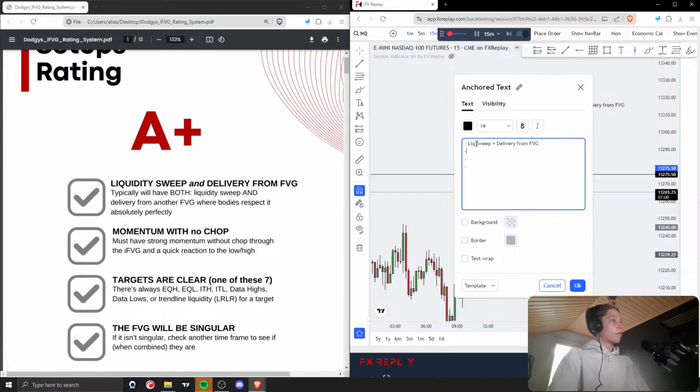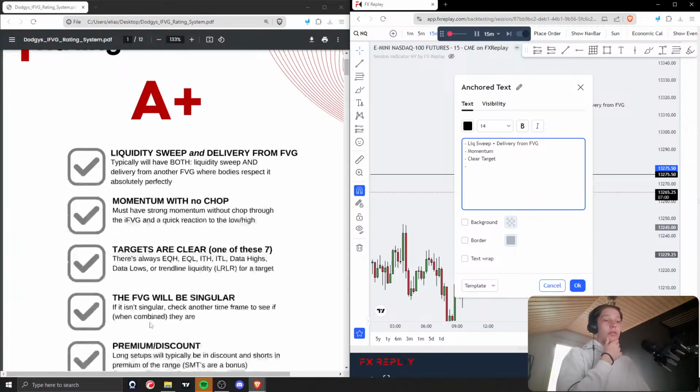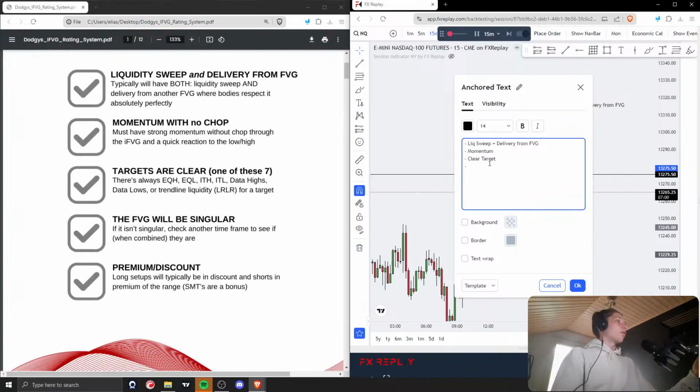That's the first prerequisite. Okay. Momentum. That is needed. Clear target. I don't need to write all those targets down. I can remember them.